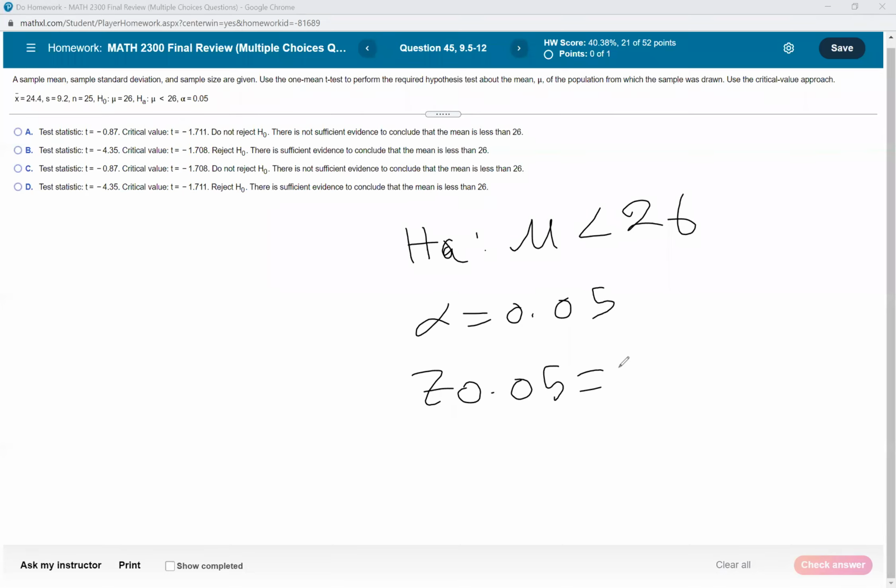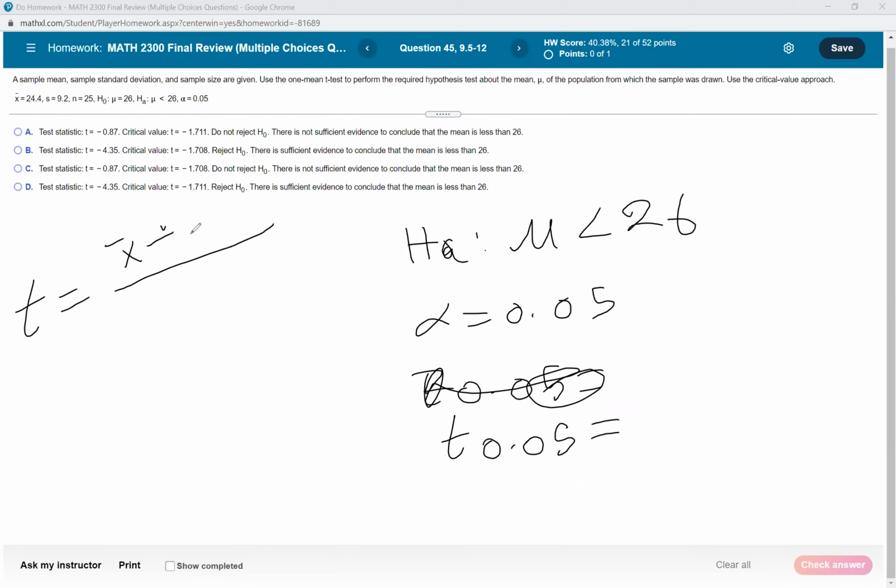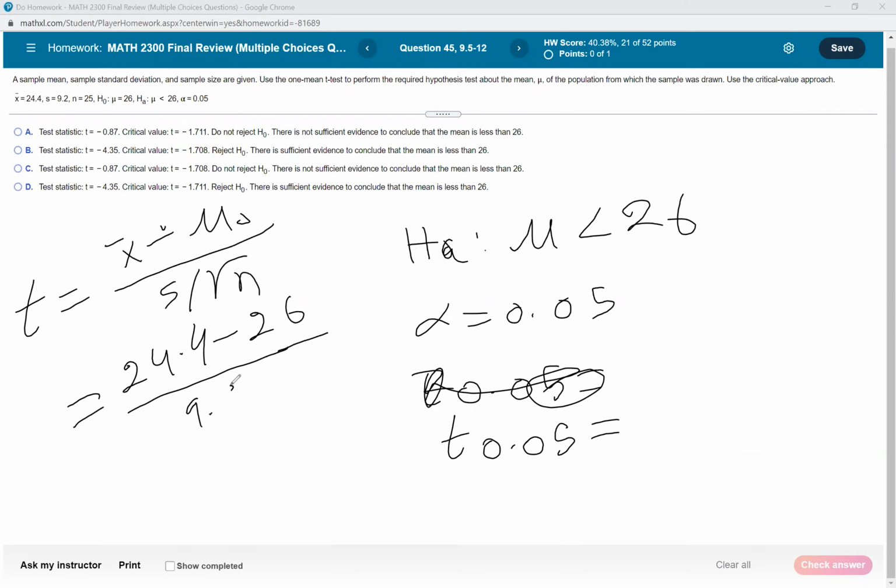Sorry, we do not have sigma, so actually we have to do a t-test. So you have to calculate t alpha, t 0.05, and the test statistic will be x bar minus mu divided by s over square root of n. So x bar is 24.4 minus mu 0, which is 26, and the sample standard deviation is 9.2 over the square root of 25.